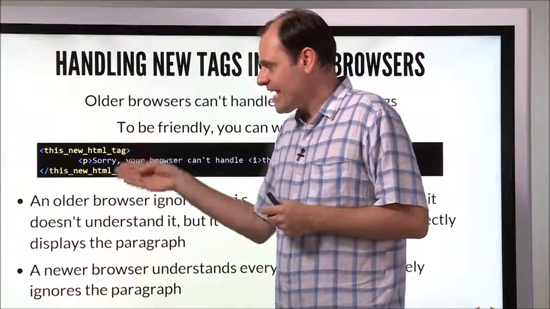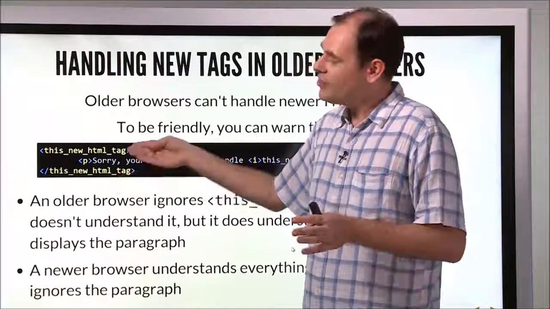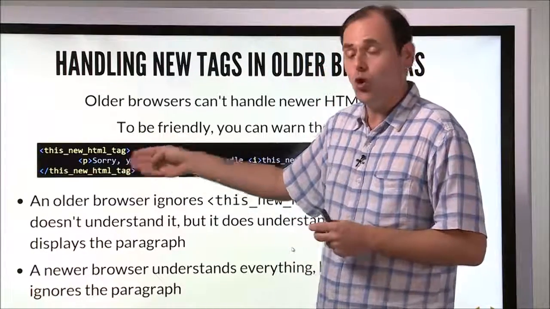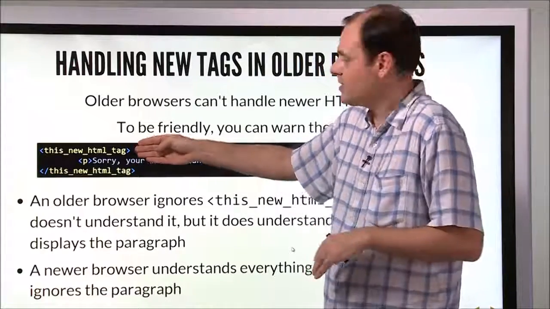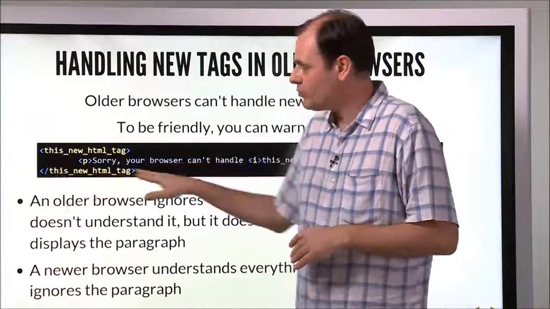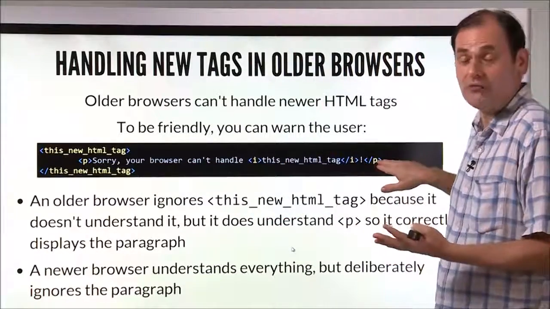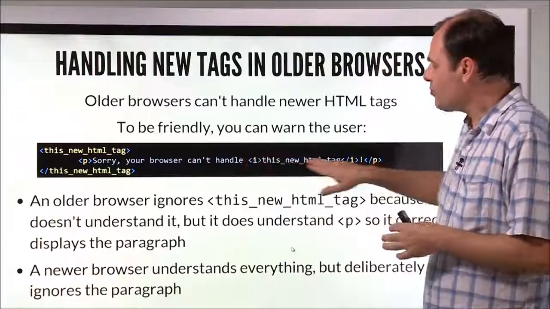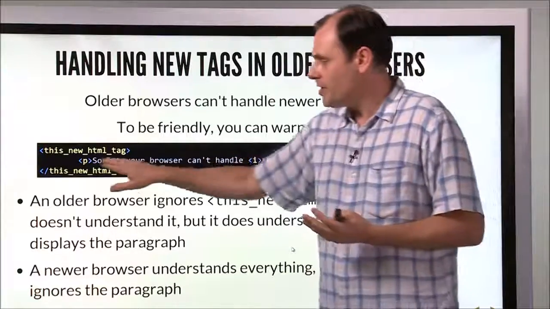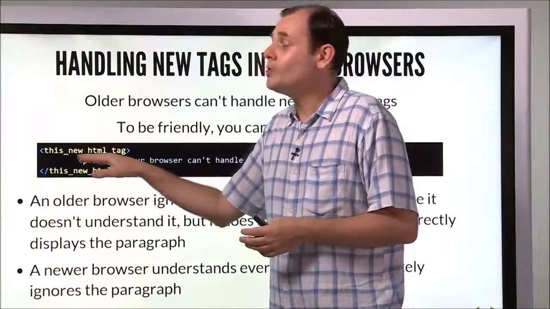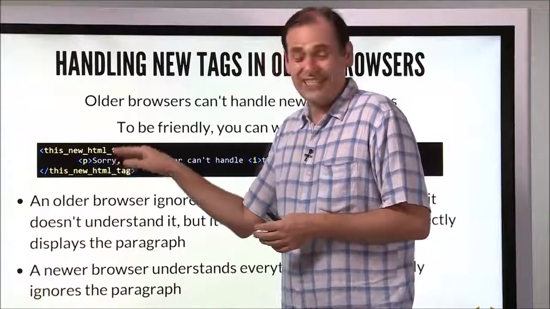So you write the name of the tag, and that will work for the newer systems. For the older systems, they will ignore that tag because they don't understand it, because they're like 3 years out of date. So they ignore this and they ignore this. But they do pick up a simple paragraph in the middle. So older browsers, not very complete browsers, they'll pick up the middle, but the newer browsers will ignore the middle and they'll just use the start and end.